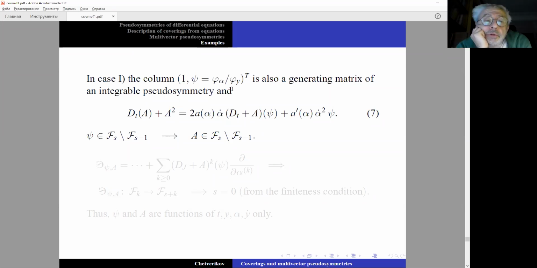But Volodya, this is true only for finite dimensional coverings, yes? One dimension, of course. In this example, yes. Finite dimensional, it doesn't work for infinite dimensional covering. Any finite dimensional covering.